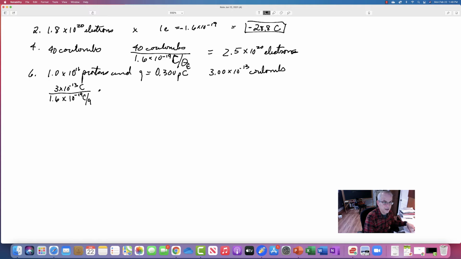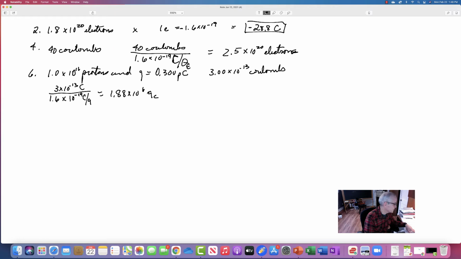So the imbalance is going to be this division, which is 1.87 or 88, we'll say, times 10 to the 6th fundamentals. Or there are that many more protons than electrons.